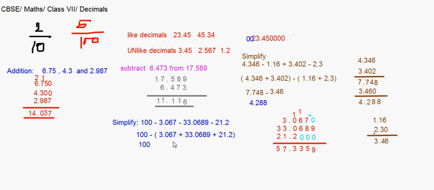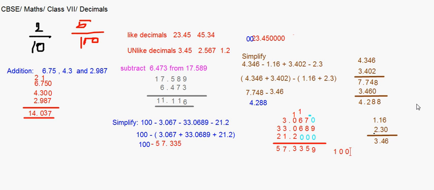We will now be subtracting this from 100. So it is 100 minus 57.335. Again, we need to do some rough work. I'll write 100 here.